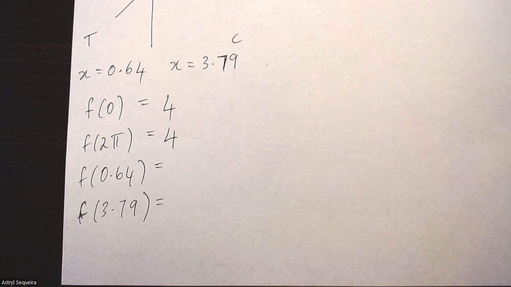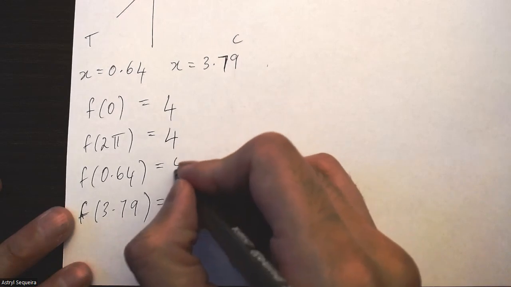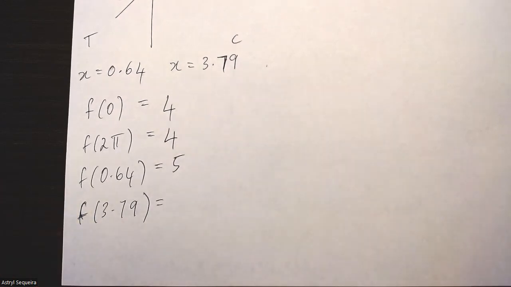And then the next one is 0.64. It's basically 5. It's 4.9999 recurring, which means it's basically 5.